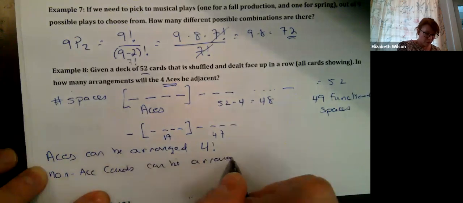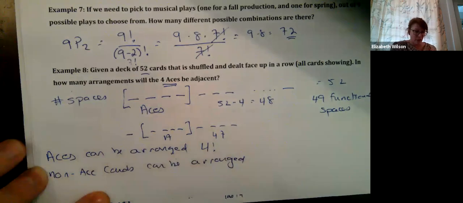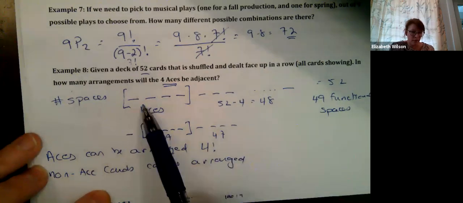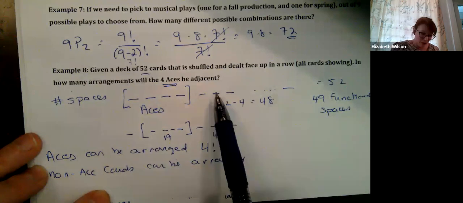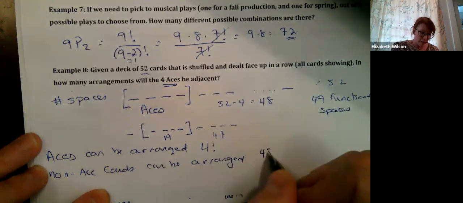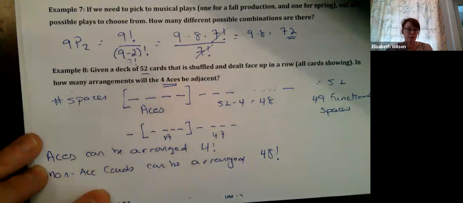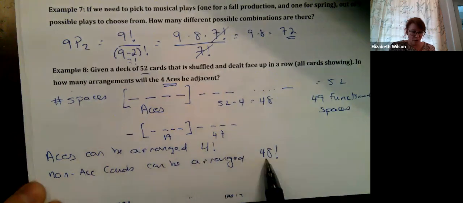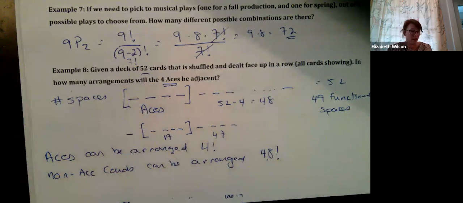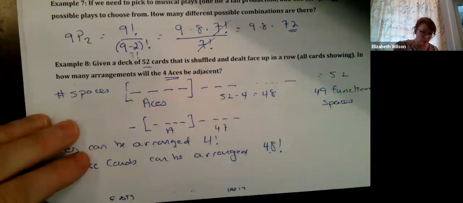Well, I have 48 non-ace cards. I was just talking about the spacing, but for the arrangement of these 48 cards, there are 48 factorial possibilities. So 4 factorial for the aces, 48 factorial for all those different cards, and I have 49 different ways that I can combine this. So I'm going to put all of these together.